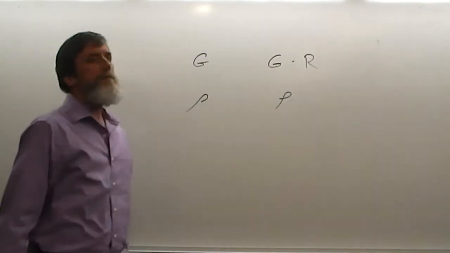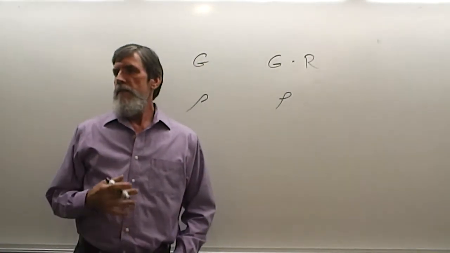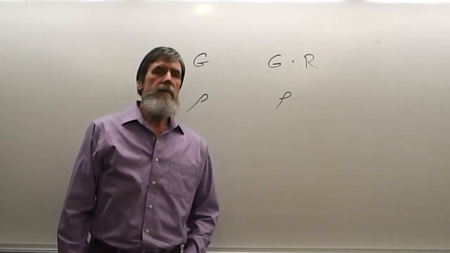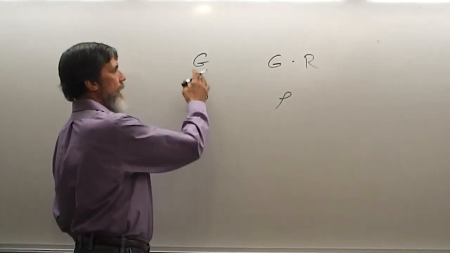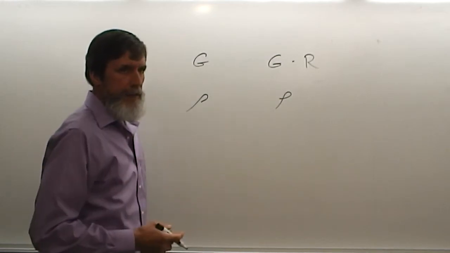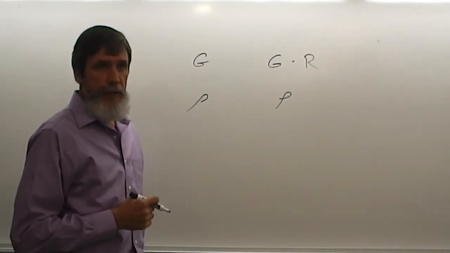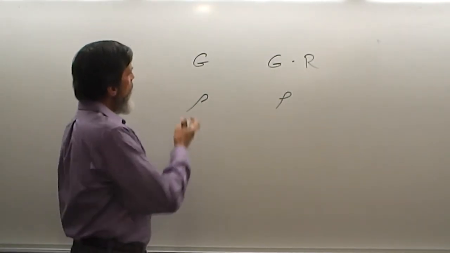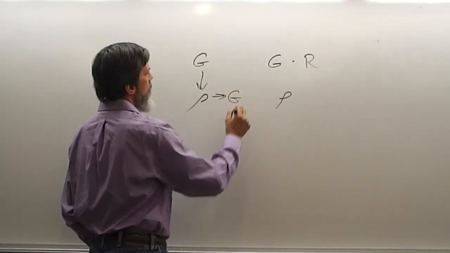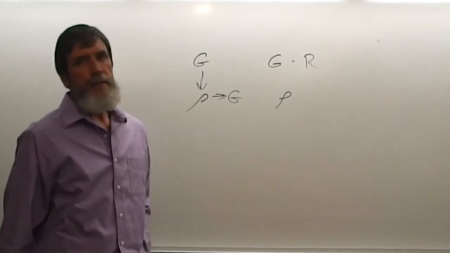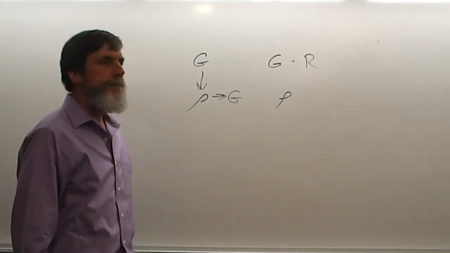Rule number 1 is simply that any actual statement can be substituted for a simple statement variable. So without writing out actual English statements, we'll just use the uppercase letters. If I substituted the simple statement G for the variable P, we generate the statement G by substitution.